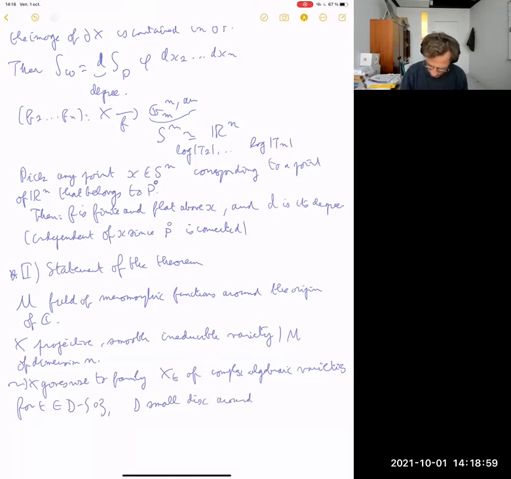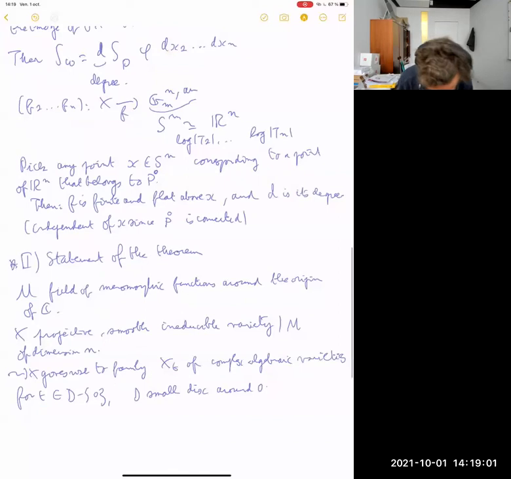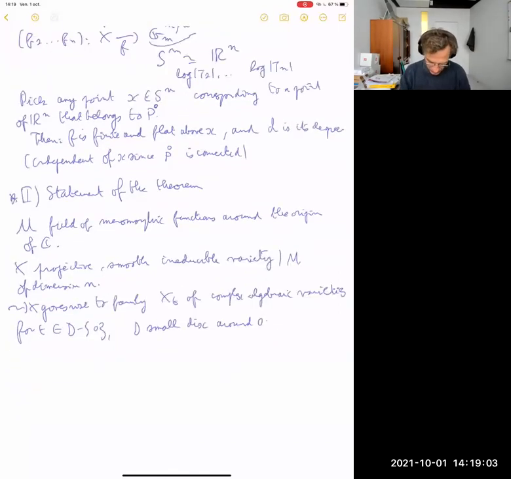Around 0. So I have this family. And now I can consider, let omega t be a family, a reasonable family.